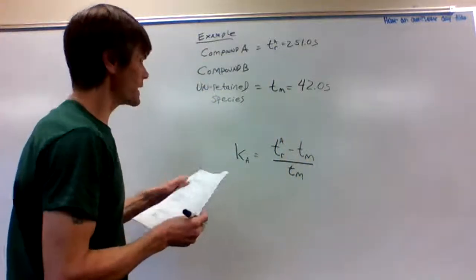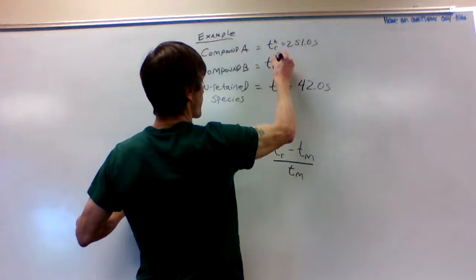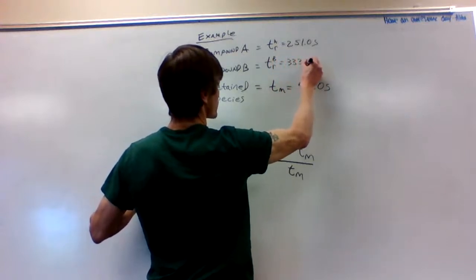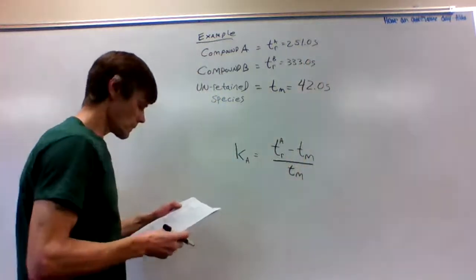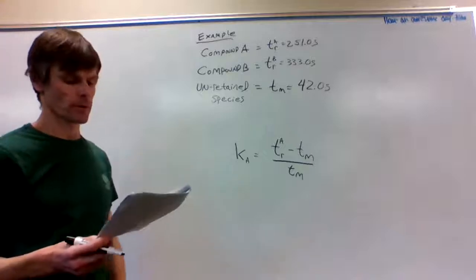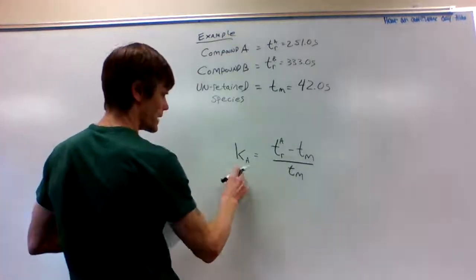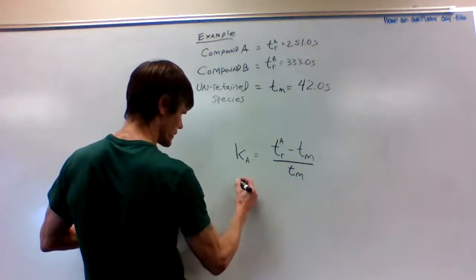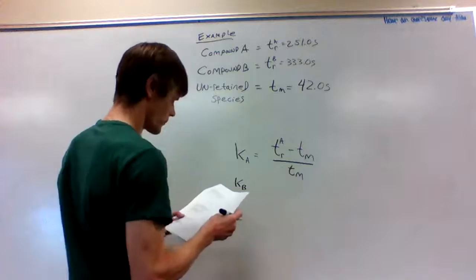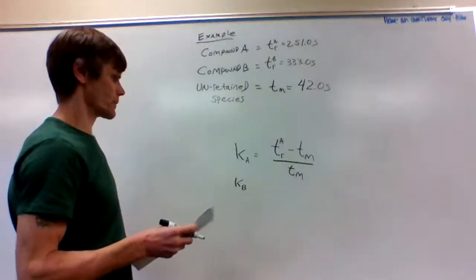And compound B has a retention time of 333 seconds. And let's calculate for each of them their retention factors. So there's A, and we can calculate a retention factor for B. So those are the retention factors that we would be able to calculate for each of them.